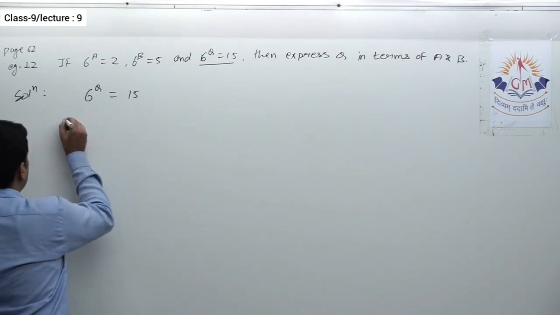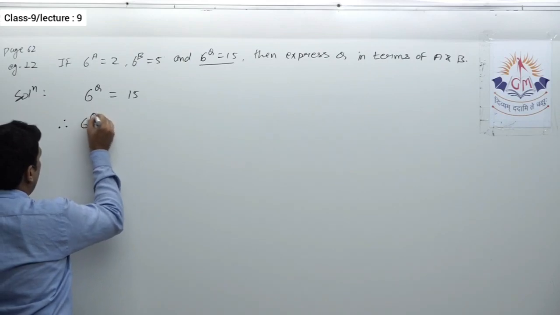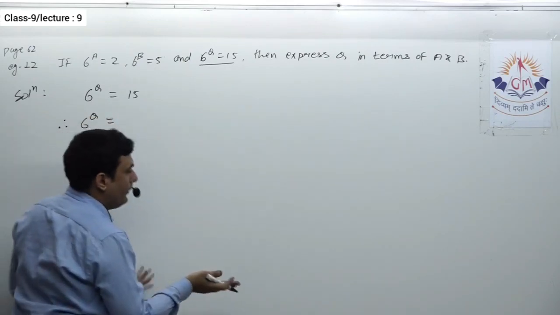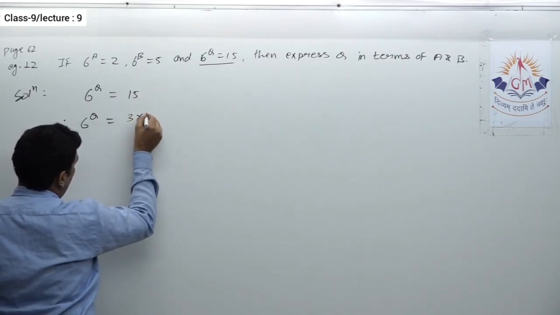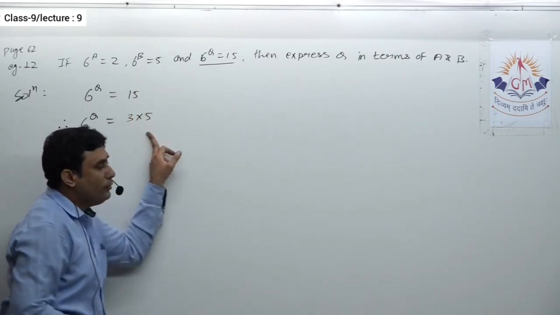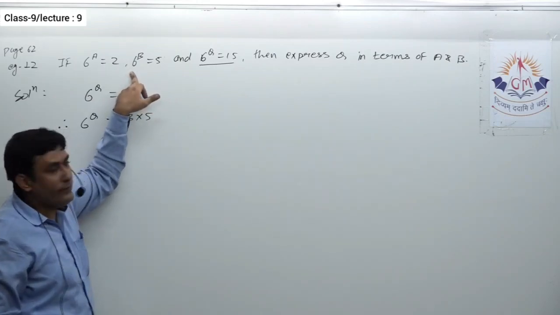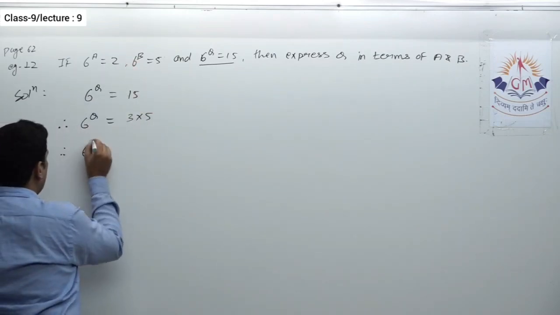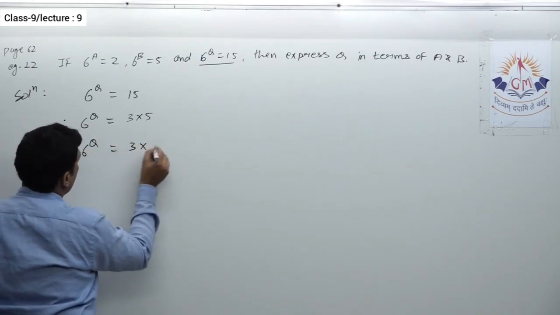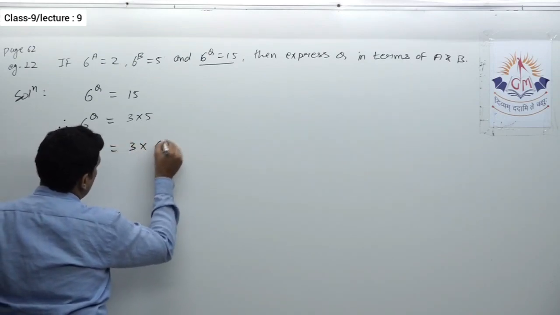Okay. Then only it is possible to compare the powers. That means we have to make the bases same. Now here 15 is actually, I can write 3 into 5. Now, why did I write 3 into 5? Because 5 I have in terms of 6 raised to something. Okay, so 6 raised to q is equal to 3 multiplied by 6 raised to b.